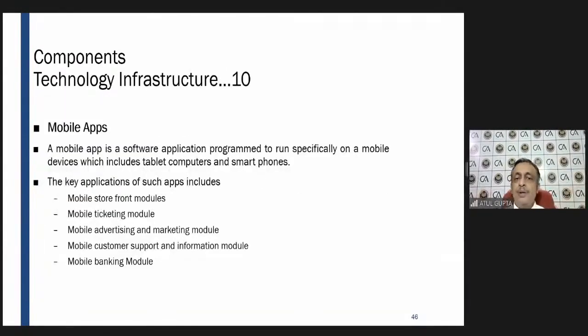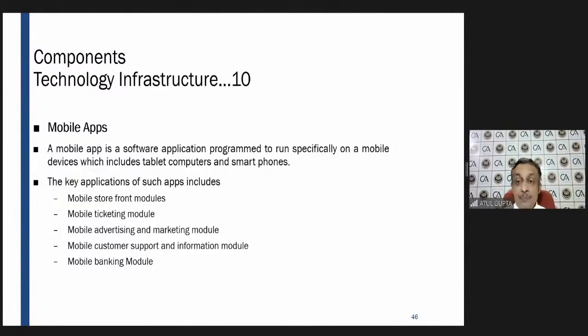Then a mobile app is a software application programmed to run specifically on mobile devices. It can be tablets and smartphones. The key components within companies are mobile storefront modules, the way the app looks on your mobile, ticketing modules, advertising and marketing modules. So the whole mobile app will have these subcomponents.